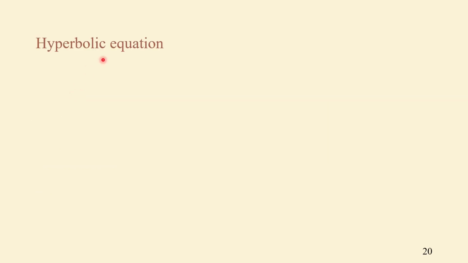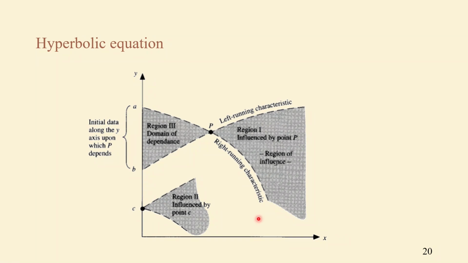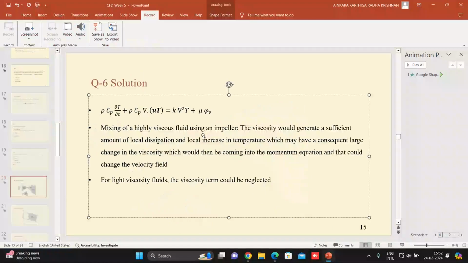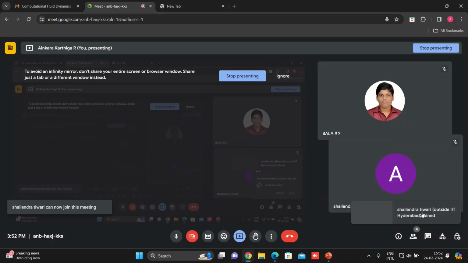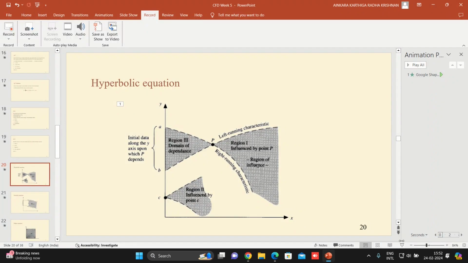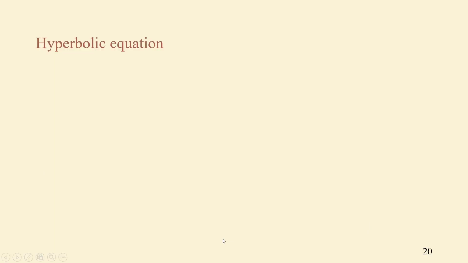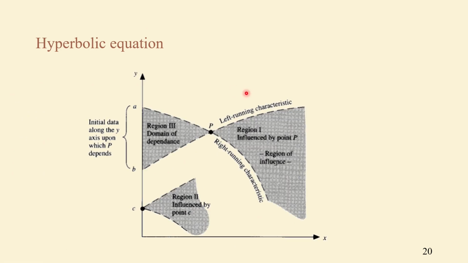So for the hyperbolic equation, let us consider this as the domain. Let us take a point P. If there is some disturbance at this particular point, that disturbance is felt over this particular region.